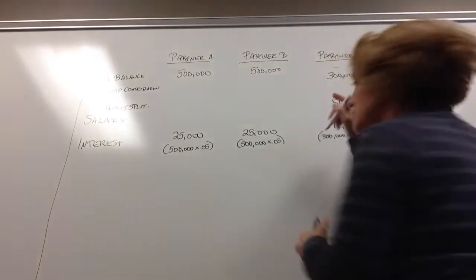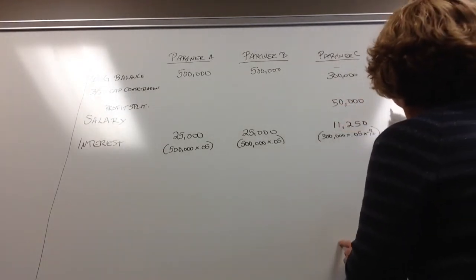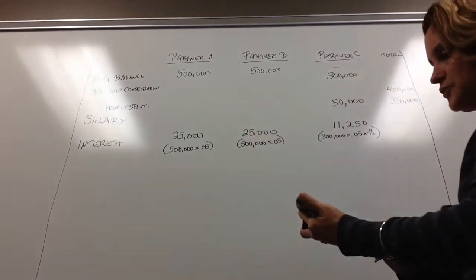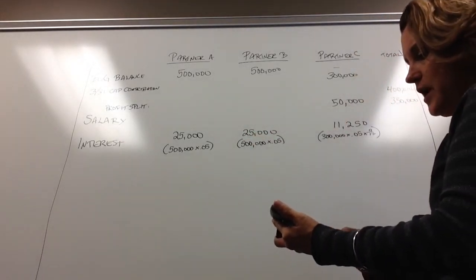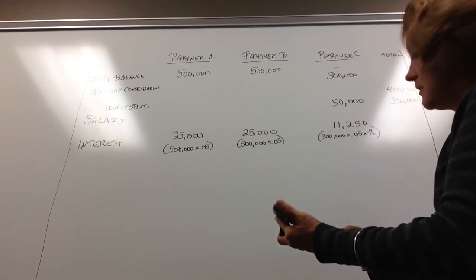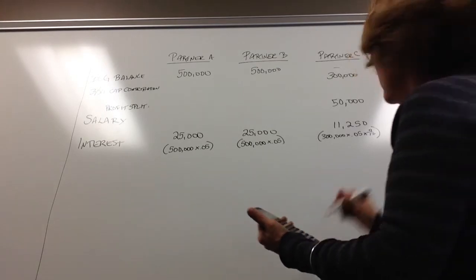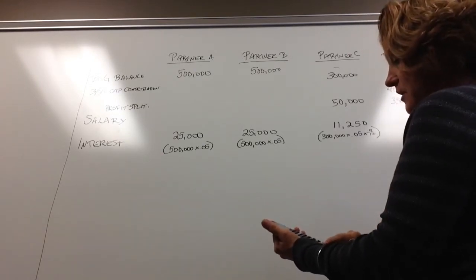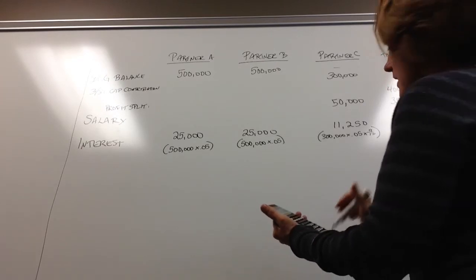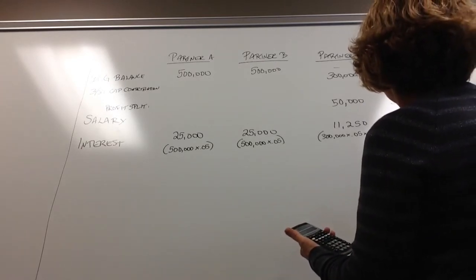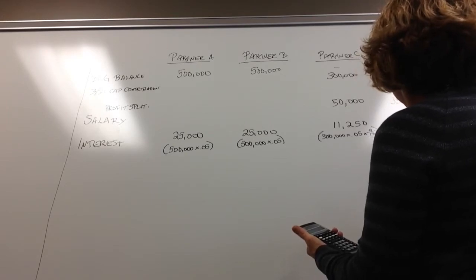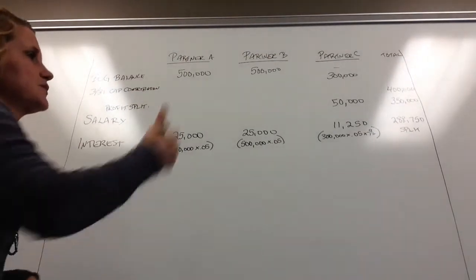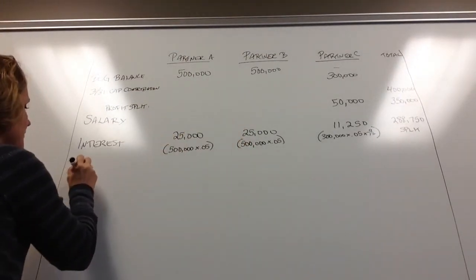After we subtract the $50,000 salary to partner C, that takes it down to $350,000. Then when we subtract our interest, so if we add those three together, that gives us $61,250. If I subtract that from the $350,000, that leaves me $288,750 to split. So you have to subtract the salaries and the interest first, then we split the rest.